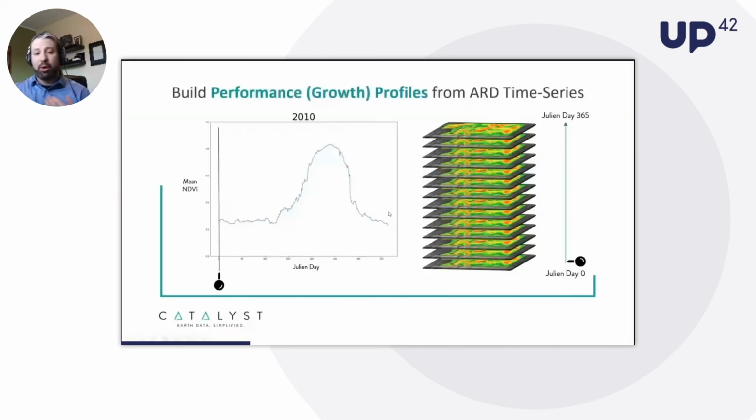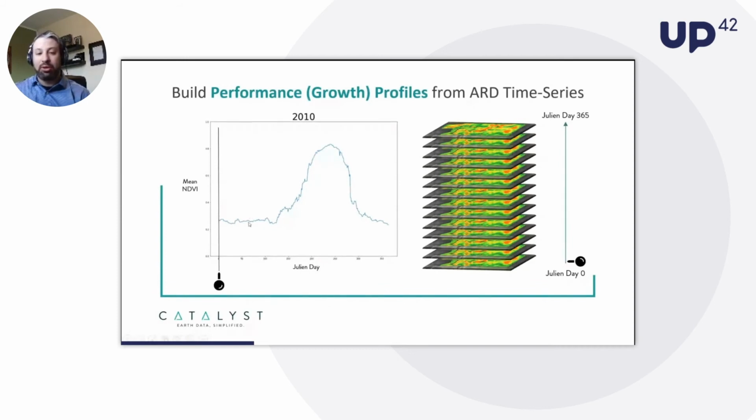I think this came in as some of the questions: what are we performing in terms of building this growth profile? Essentially, we're creating an NDVI from all of the different images within a particular year, and then we capture, for a particular field, whether it's outlined by an object, either the average NDVI for that entire field or for a particular pixel.